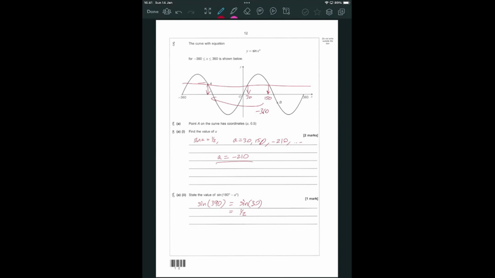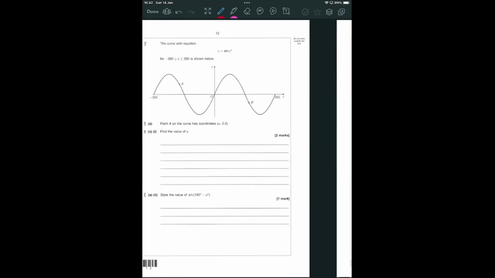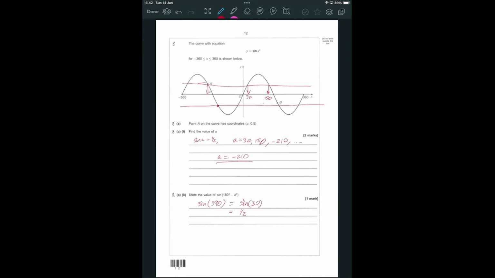So negative 7 over 3, let's get rid of a little bit of the annotations, is going to be down here. Now, it didn't tell us anything about B. So B could be any of these points here. Oh, no, it's not. It's on the picture. I'm just blind. There is a B already on the picture right there. So that is my B.